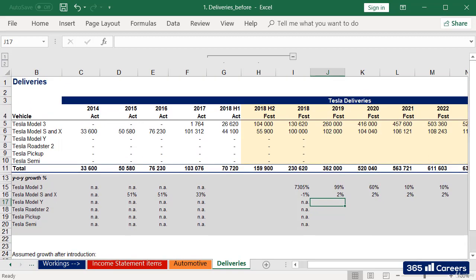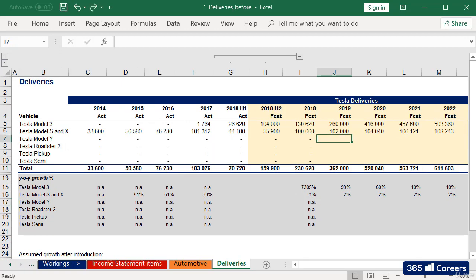Model Y will be introduced in 2019. It is expected to see a healthy demand and to be able to compete with hit vehicles like BMW X3, Toyota RAV4, Mercedes GLC and GLK, Nissan Qashqai, and others. So, let's assume that in 2019, Tesla will deliver the same number of Model Y vehicles as it did with Model 3 vehicles in 2017.